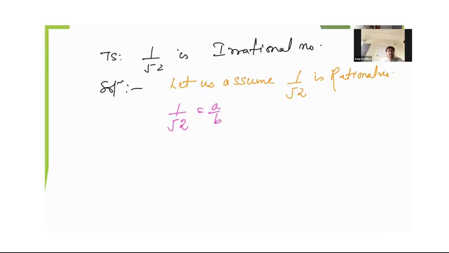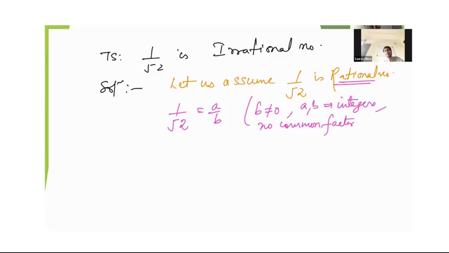If it is a rational number, it will be expressed as a by b form, where b is non-zero, and a, b are integers with no common factor other than 1, because they are in the simplest form.